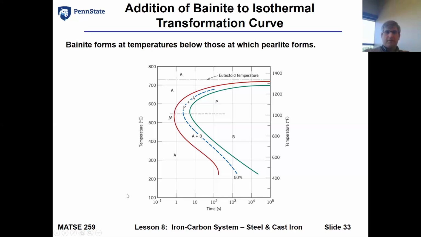The way to think about it is as if we start with our 925 degrees C, a completely austenitic structure, and we were to drop to 500 degrees C instantaneously and hold it. By the time we reach about 1 second, we're going to start forming bainite pretty quickly. By about 8 seconds, we're at about 50%.